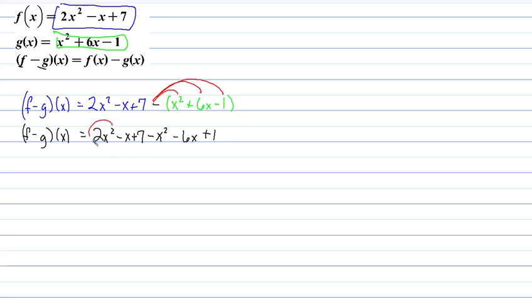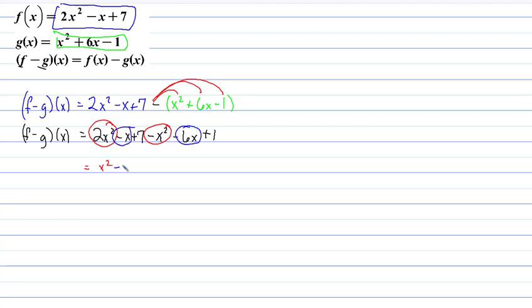And then we're going to look at combining like terms. So x squareds combine, giving me x squared. I take my x's, a minus x and a minus 6x.